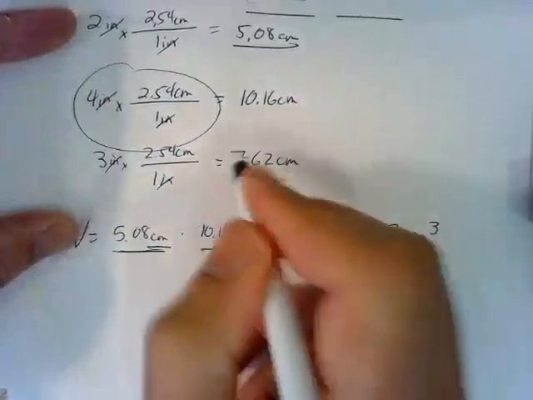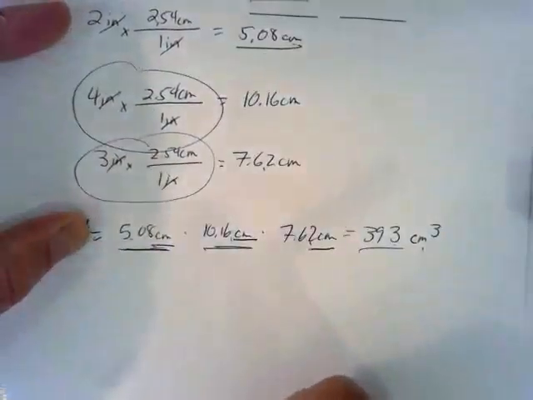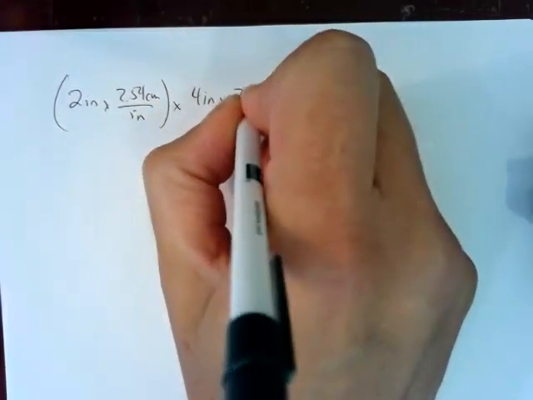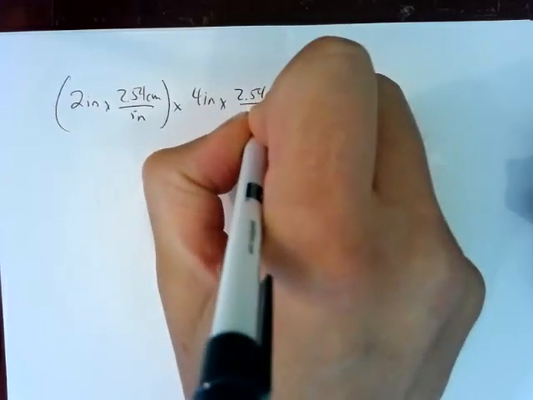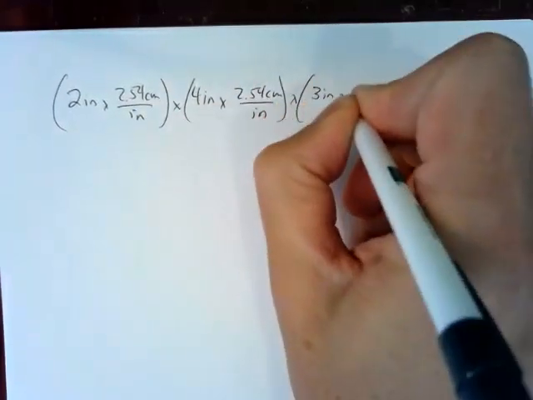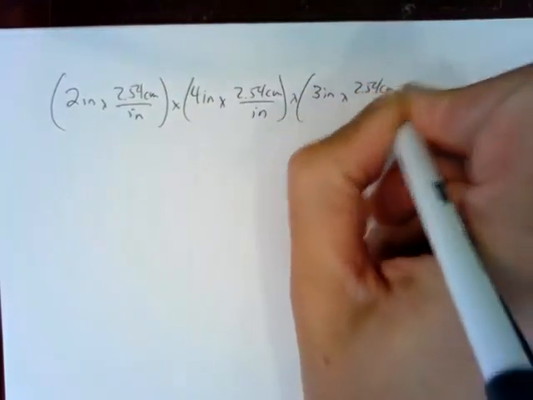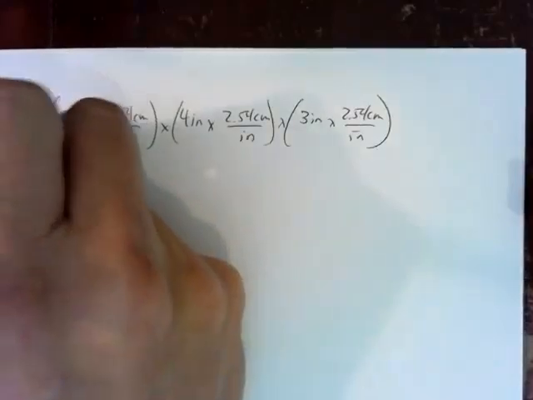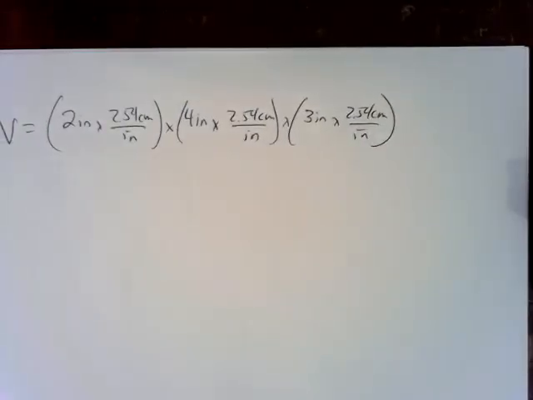And then we multiplied by 7.62, but that was just 3 times 2.54. So really we could rewrite this as that, right? And that would still be equal to the volume.